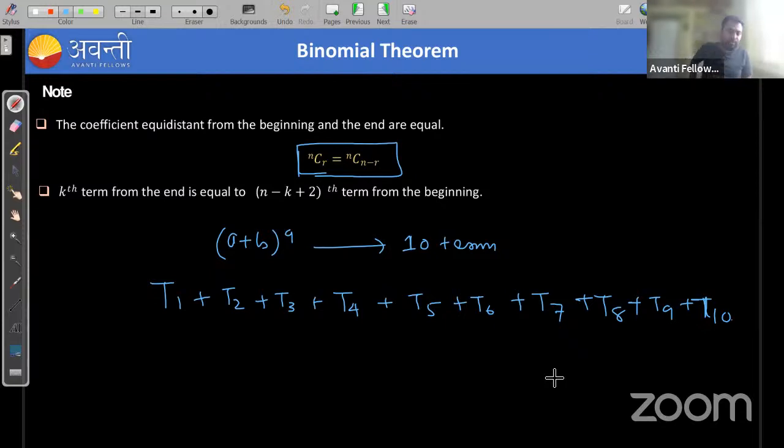So what it is saying: the kth term from the end is equal to the (n minus k plus 2)th term from the beginning.